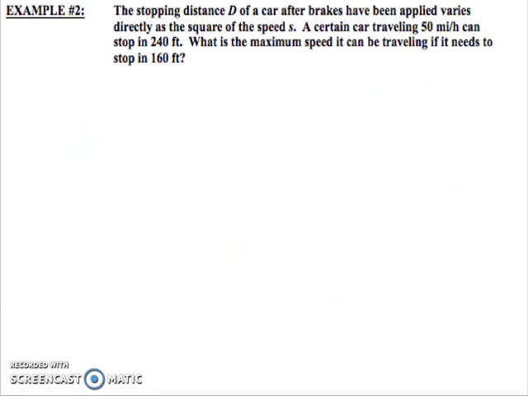The second example says the stopping distance d of a car after brakes have been applied varies directly as the square of the speed s. Okay, so let's talk about what that means. Distance d varies directly as the square of the speed s.